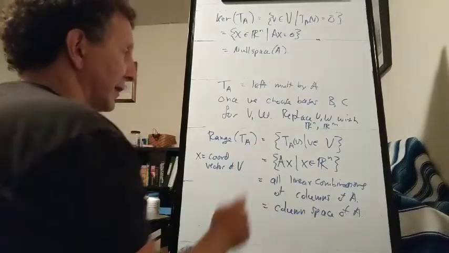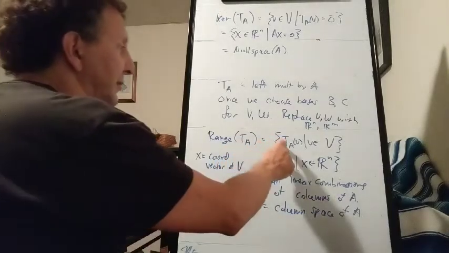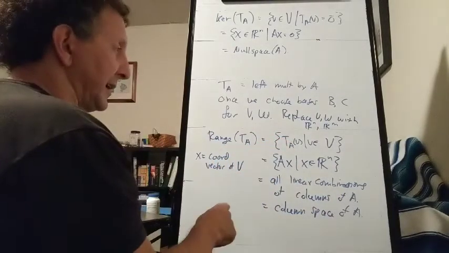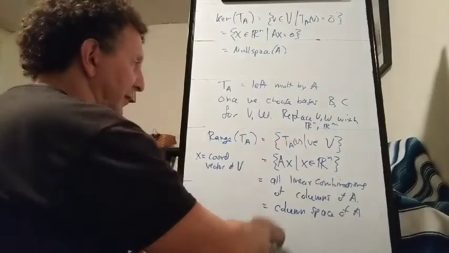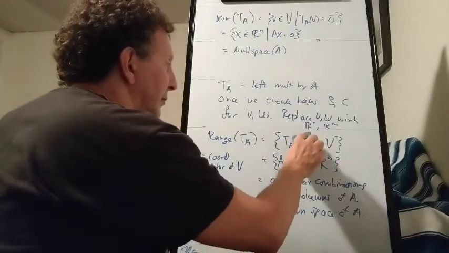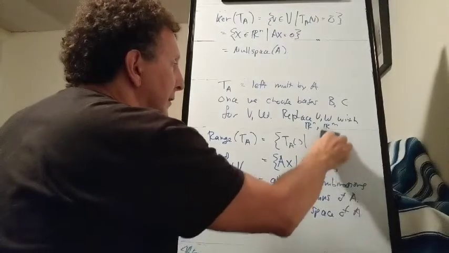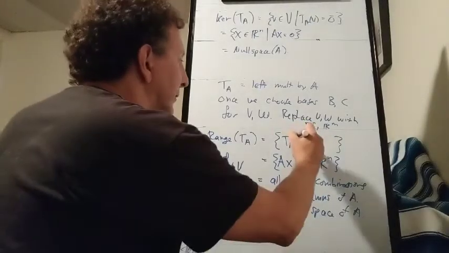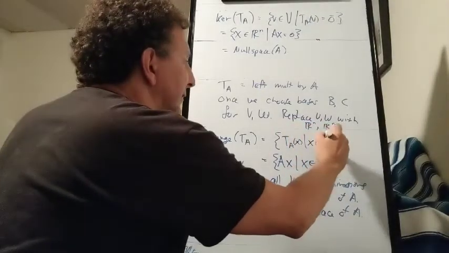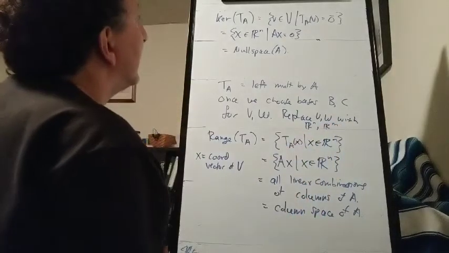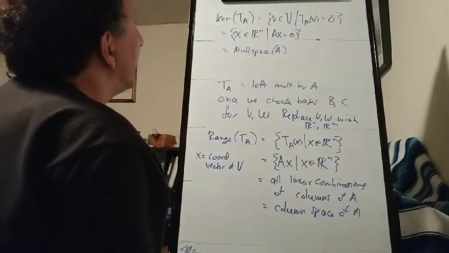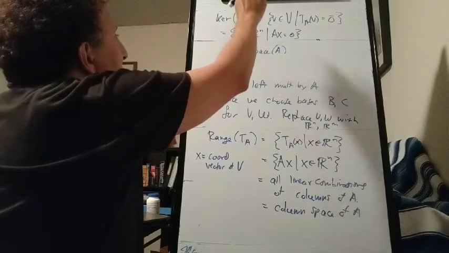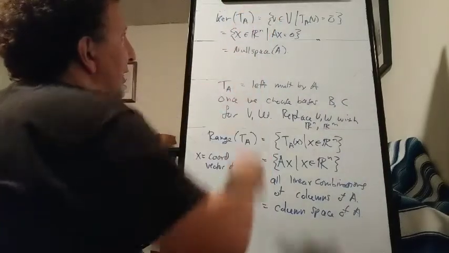I'm thinking I want to rewrite this again. So if T_A is left multiplication by A, then I really want the coordinate vector here already. So I'm going to replace this v with x, and x is in R^n. And T_A is really a map from R^n to R^m.